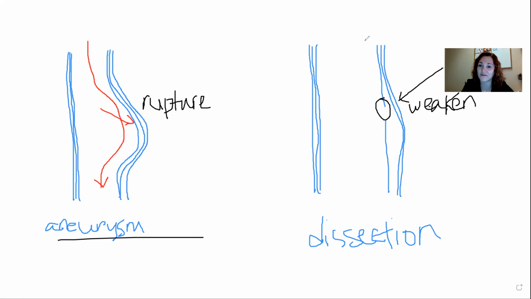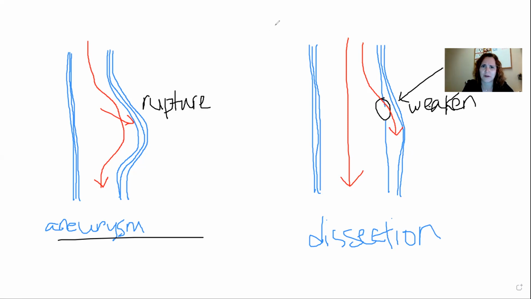So the integrity of this side of the vessel is really impaired because that layer is injured. So then what we're going to see happen is blood's going to flow like it should, but also it's going to leak in here and go in behind these layers.